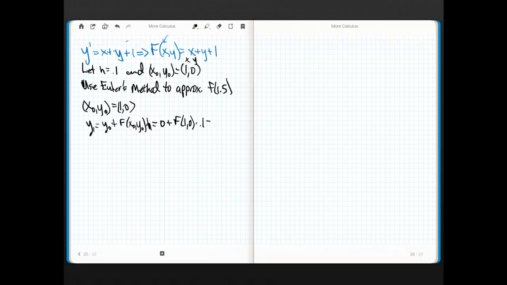All right, so I end up with 0 plus, what was f of 1 comma 0? Well, 1 plus 0 plus 1 is 2, times 0.1. So this is 0.2 as opposed to 0.5. Boy, if it were 0.5, something would have gone horribly wrong. This is 0.2. Now, what does this mean? This implies, now think about this, we just moved over 0.1 away from 1 comma 0.